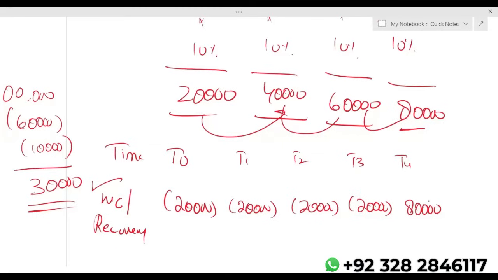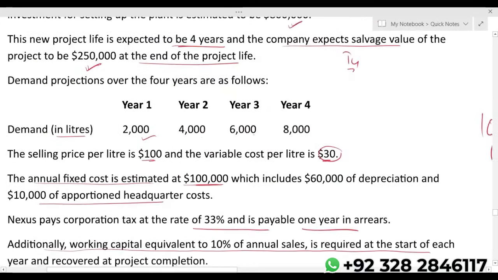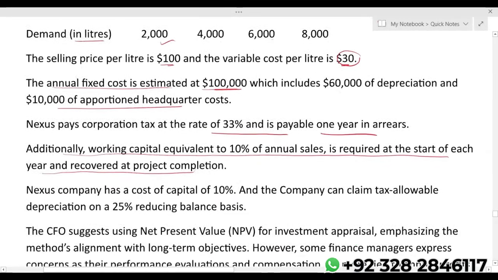The nature of working capital is current asset. So simply what are you going to do? You'll show the sale minus variable cost minus fixed cost. It will give you a taxable profit. On that taxable profit, you will calculate tax. Then you will deal with the working capital plus, let's see, any capital allowances. Yes.